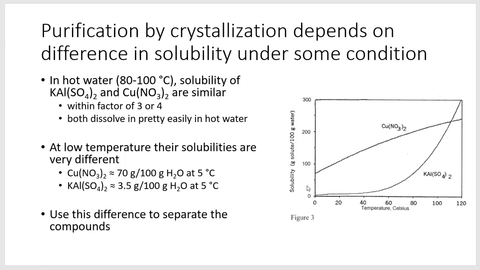But then when we cool it down, the copper nitrate will stay soluble. Most of the alum will precipitate, not all of it. We do see that there's some alum that dissolved at 5 degrees. Not a lot, but some. But we're willing to lose a little bit of the sample in that process.